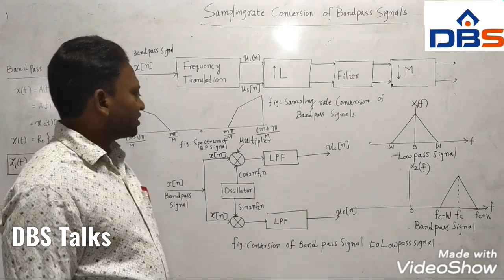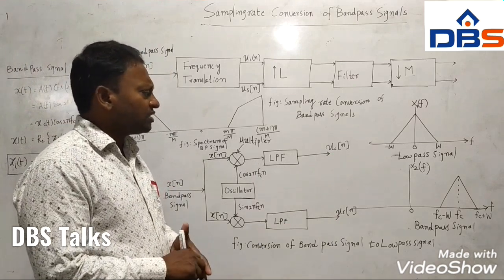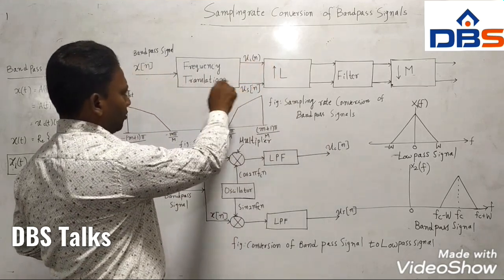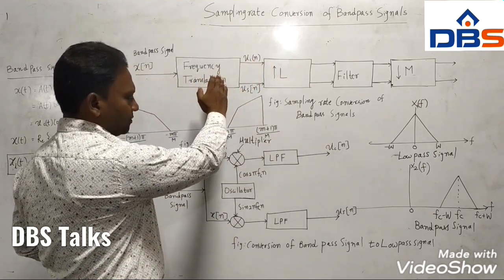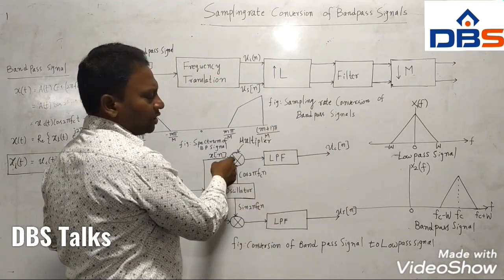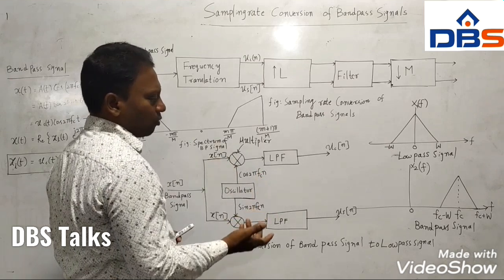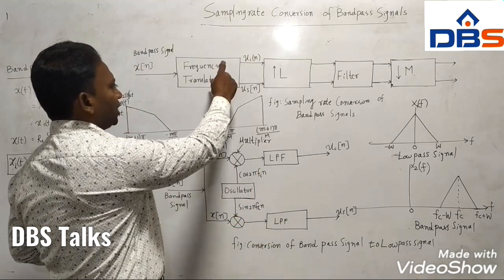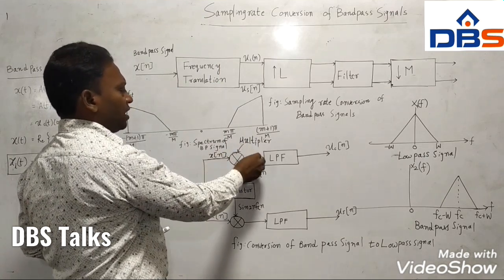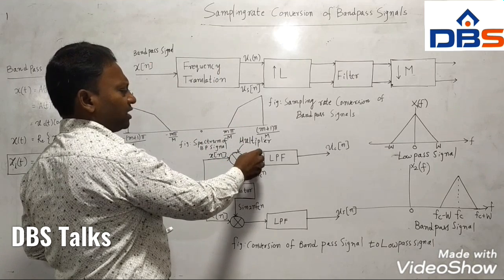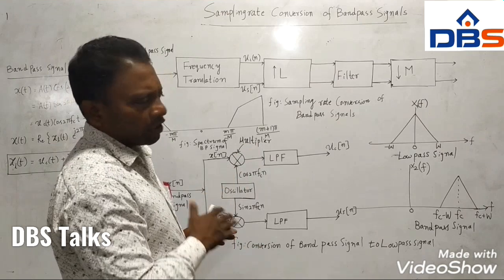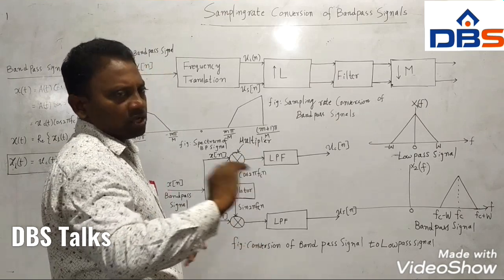From this block diagram, after frequency translation, the main operation is multiplication, which is nothing but modulation. Once you multiply the original band pass signal and this carrier, you get a signal with low frequency and high frequency content. Remove the high frequency content and preserve the low frequency content.